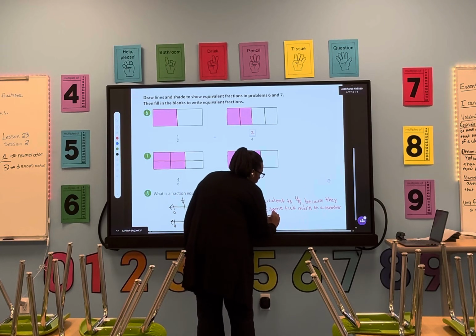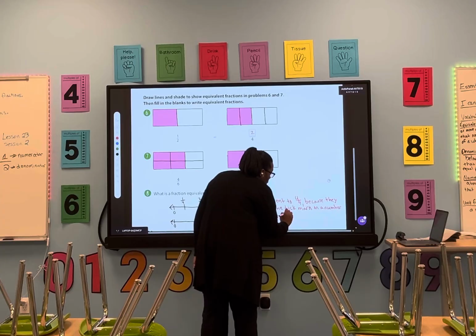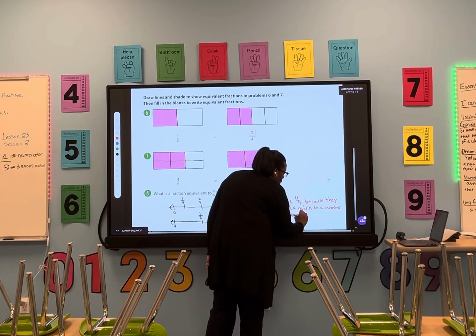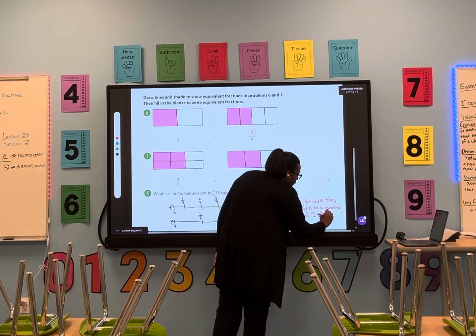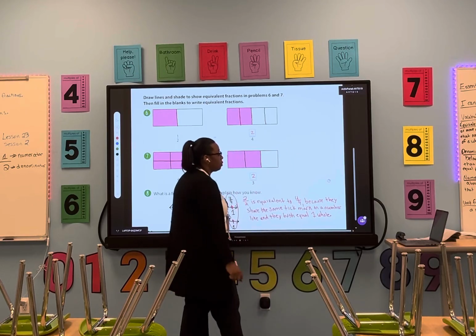And they both equal 1 whole. So they have other things in common as well.